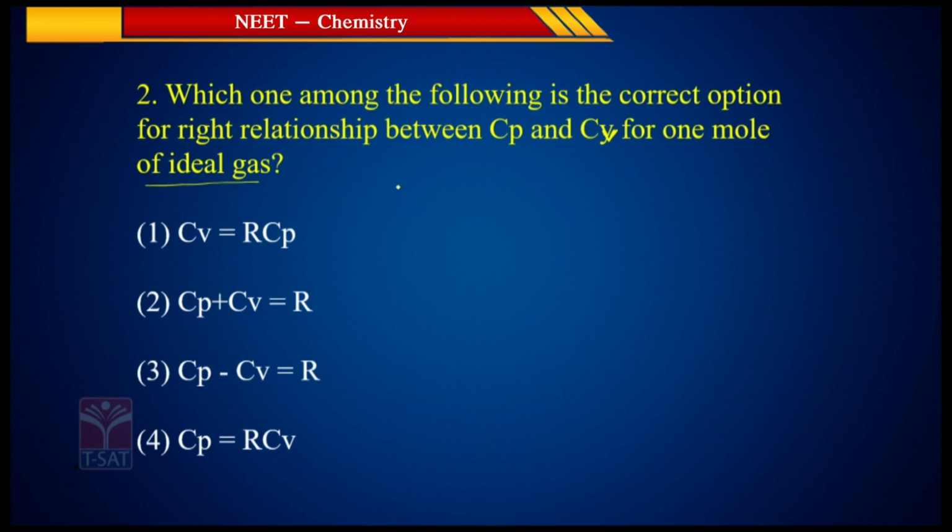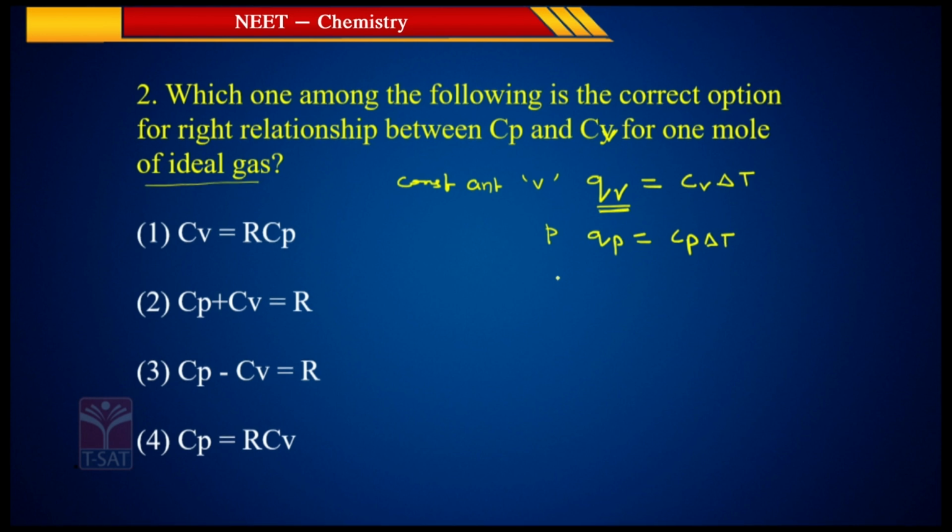See carefully, we know that at constant volume, heat supplied Qv is equal to Cv delta T, and at constant pressure, Qp is equal to Cp delta T.